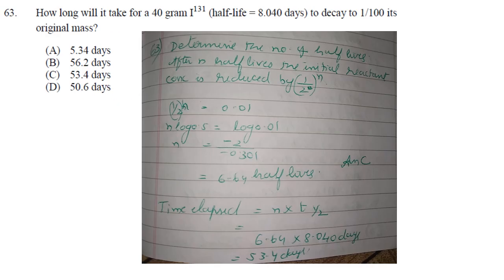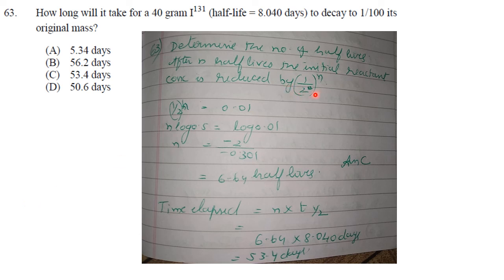So coming to the next question. How long will it take for 40 gram iodine-131, half-life of 8.040 days, to decay to 1 by 100 of its original mass? First we have to determine the number of half-lives. After n half-lives, the initial reactant concentration is reduced by half raised to n.